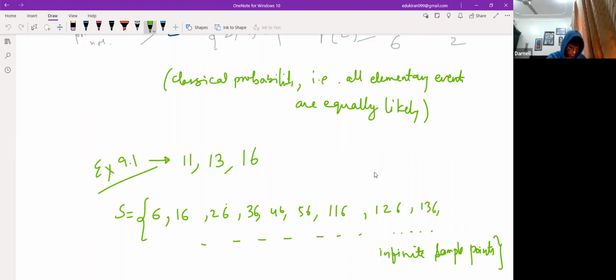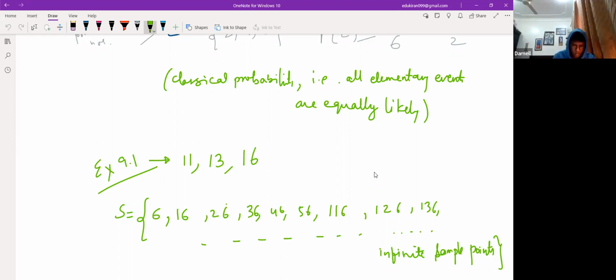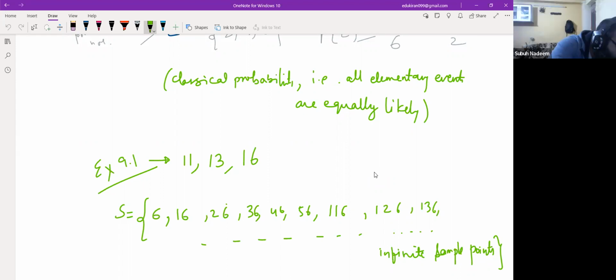Oh, yes, sir. 16.1. So in my book, it's 13.1. Probability is chapter number 13 in your book. But it is chapter number 16 here. It is 16.1. Now this new NCERT I don't have here.